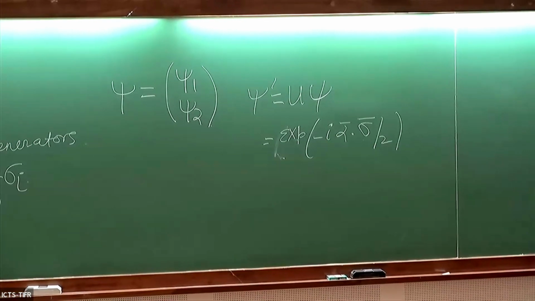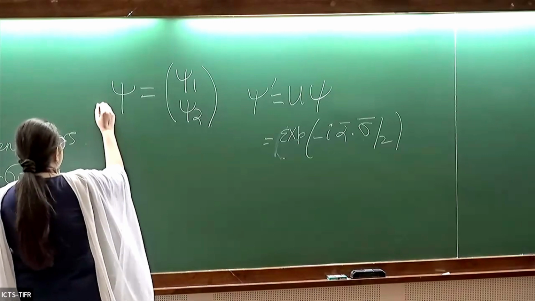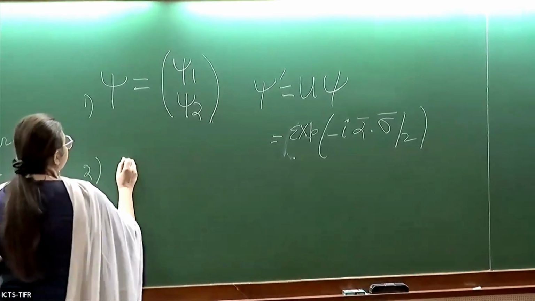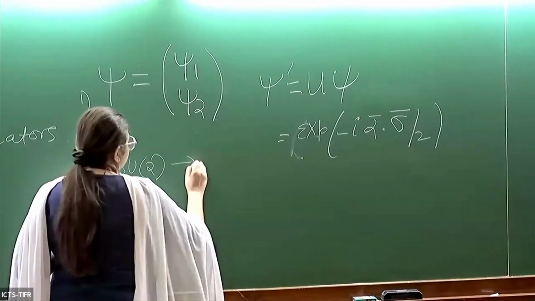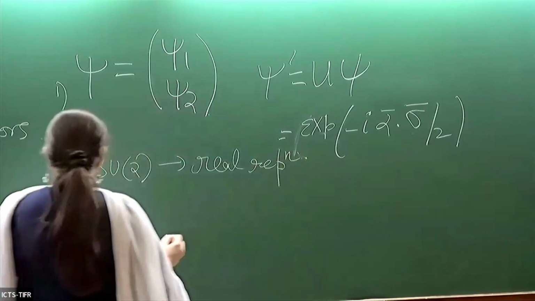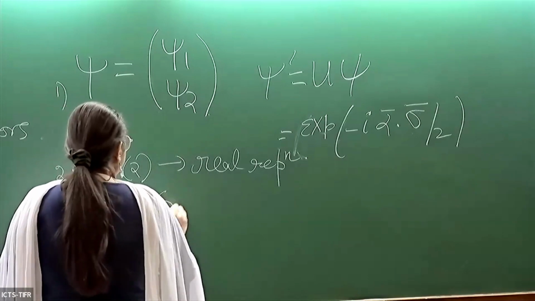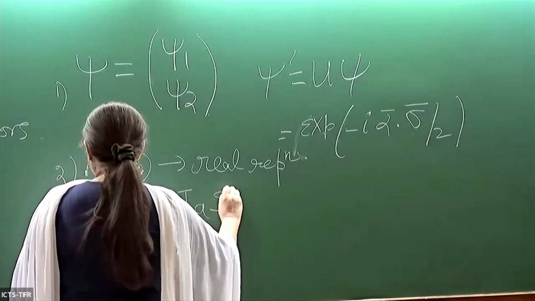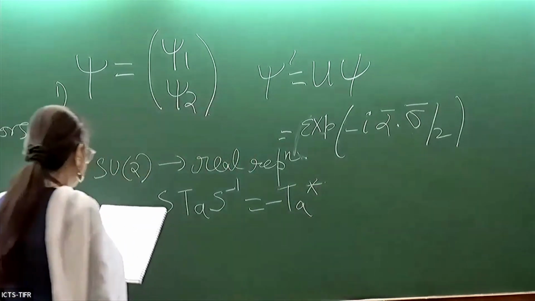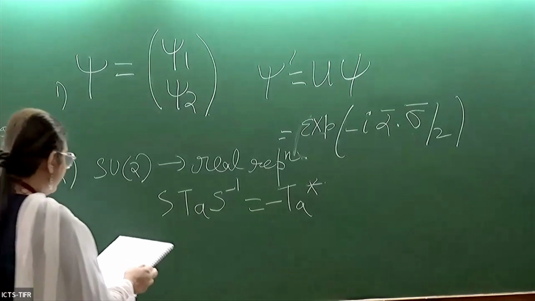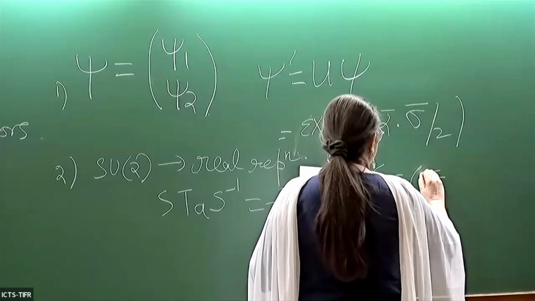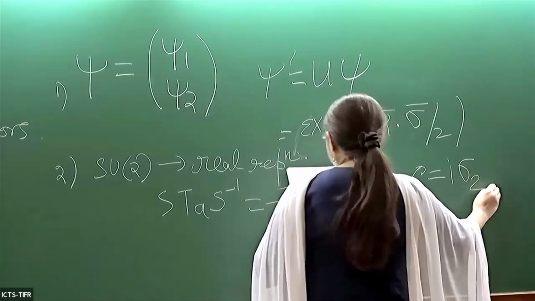One more thing to remember, so this is the first thing. The second thing to remember is that SU(2) is a real representation. By real representation, what do I mean? I mean that I can find the S such that this is minus T star S. And this S is usually called C in this language, and this is i sigma 2.